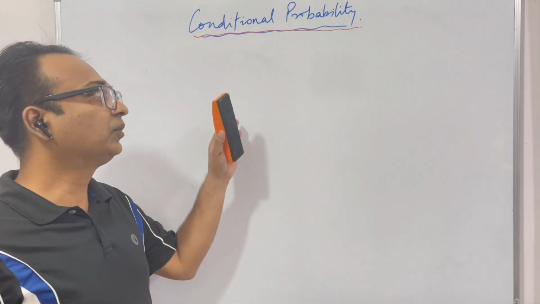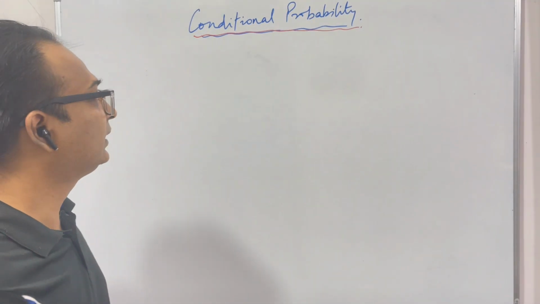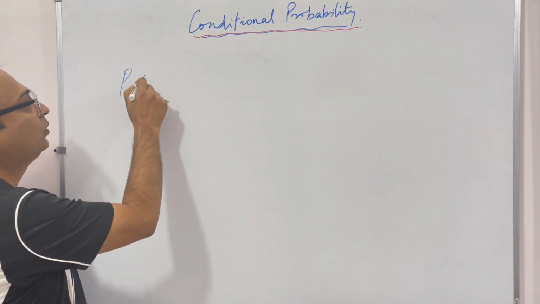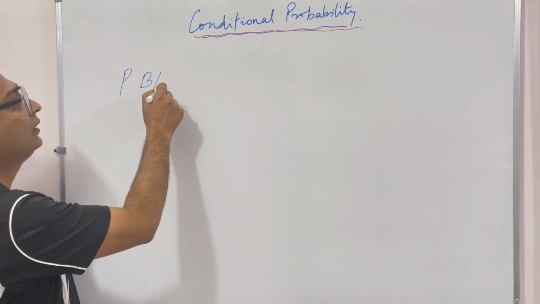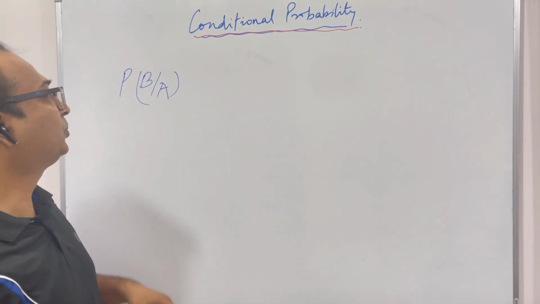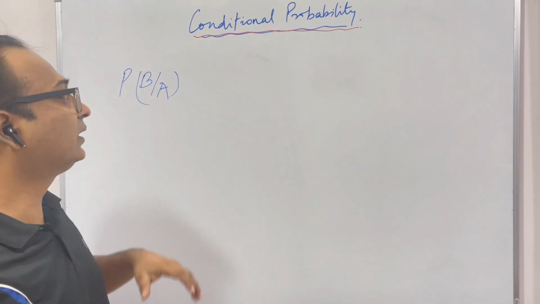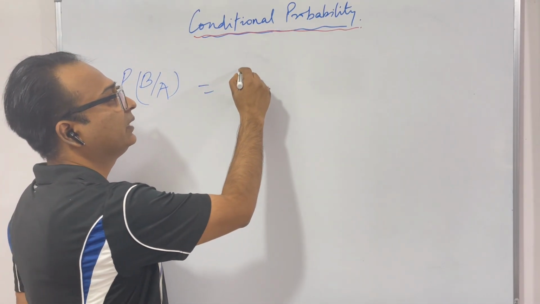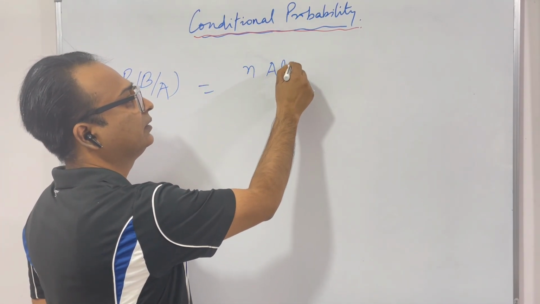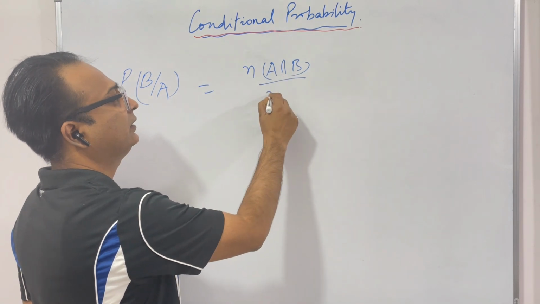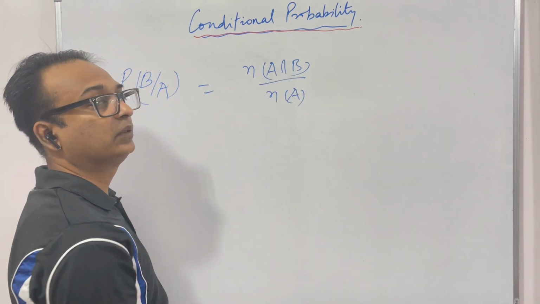Let's find a formula for conditional probability. I just told you P(B/A), that is the probability of B when A has already occurred, is given by n(A intersection B) by n(A).